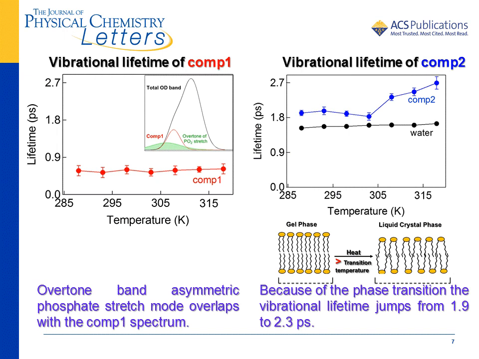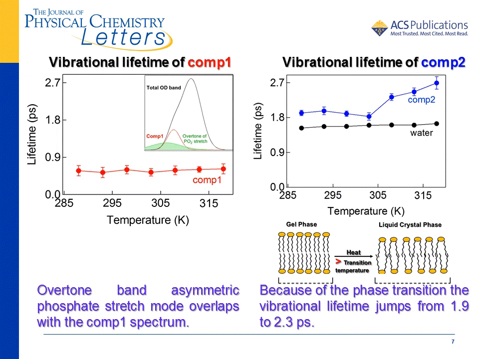The dominant pathway of the vibrational relaxation of the OD stretch mode is through the overtone band of the asymmetric phosphate stretch mode. As schematically shown in the inset figure, the vibrational density of states of the overtone band of the asymmetric phosphate stretch mode overlaps with the component 1 spectrum, which might lead to the very fast vibrational relaxation of component 1.